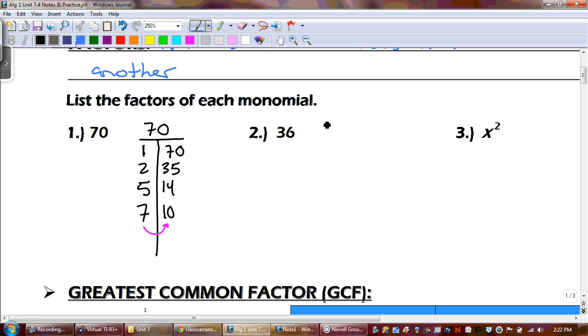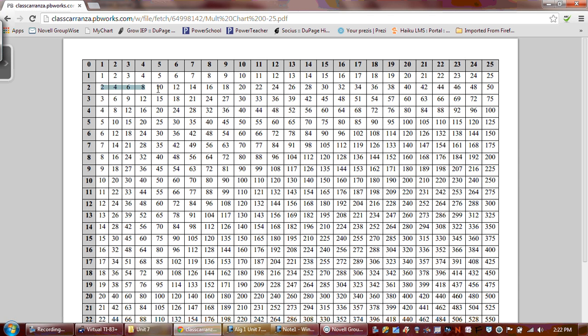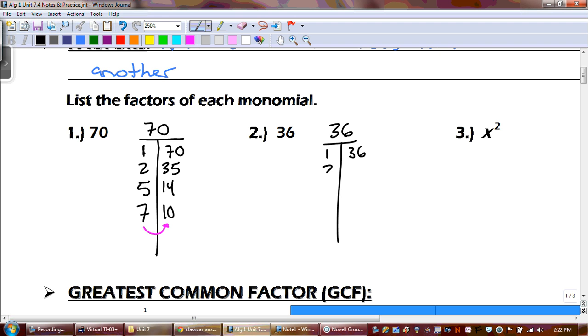Okay? So let's try 36. So the factors of 36 are always 1 and the number. What about 2? Yep, 2 and 18. 3 and 12. 4 and 9, and then 6 and 6.